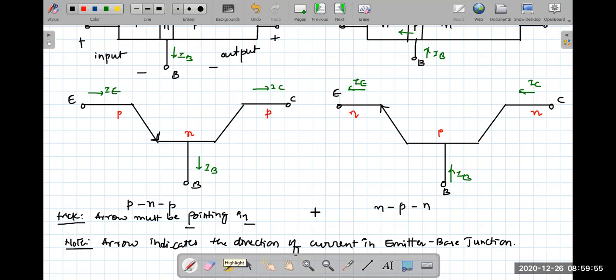Here, is the arrow pointing in? No, the arrow is not pointing in, so this is NPN. Kindly do not laugh, these are some silly techniques to remember this. So if the arrow is pointing in, that is a PNP transistor. If the arrow is not pointing in, that is, it is pointing out, that is an NPN transistor. Got the logic?